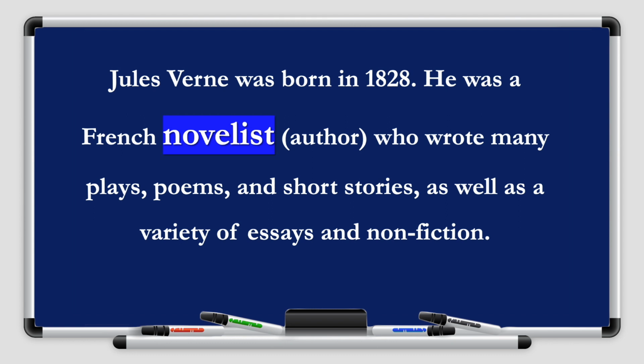We have the word novelist. We must look at words before and after the actual word to grasp the meaning of the word itself. We have the words author, wrote, stories. So, from these words, we get the meaning of the word novelist.